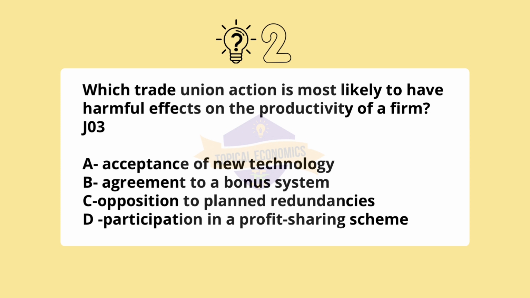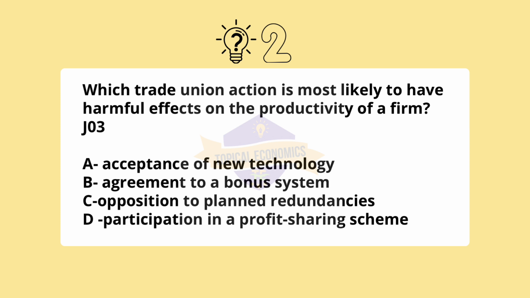Now, when we look at the options, acceptance of new technology is always good. It's not harmful on the productivity of a firm because technology enhances the productivity of a firm. Agreement to a bonus system will enhance the productivity of workers and further enhance the productivity of a firm.